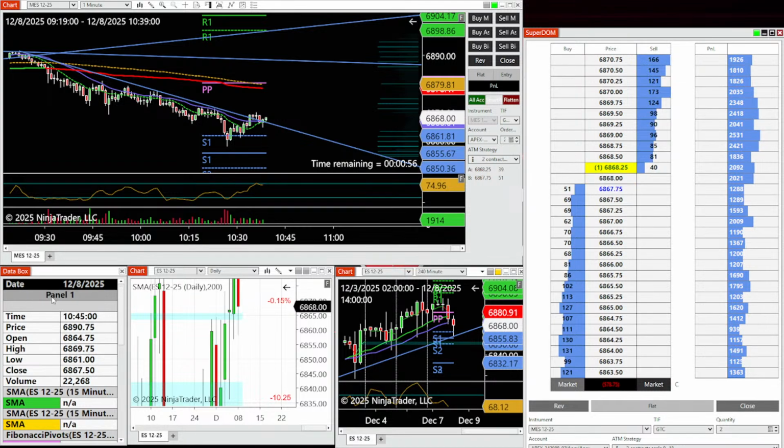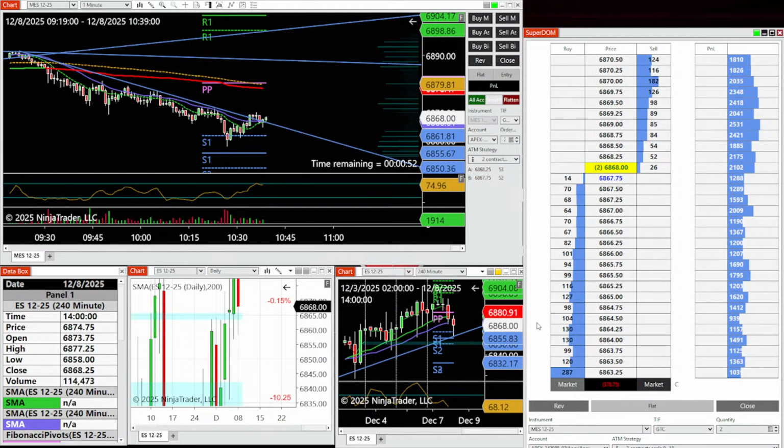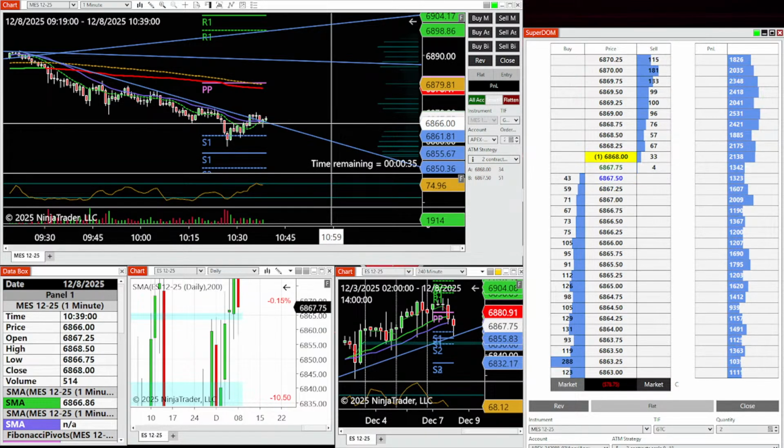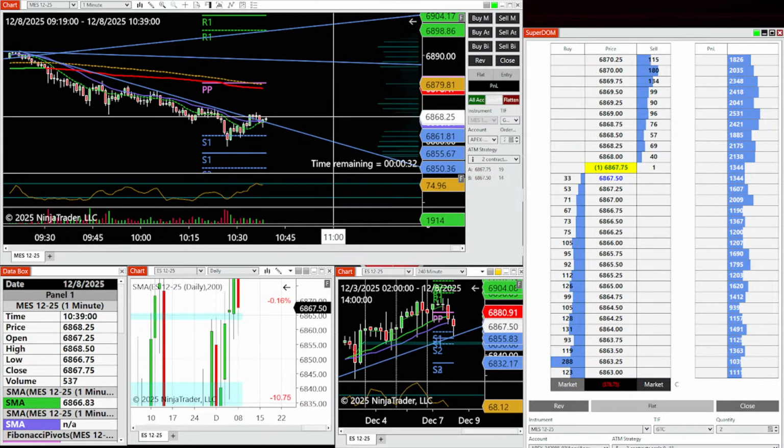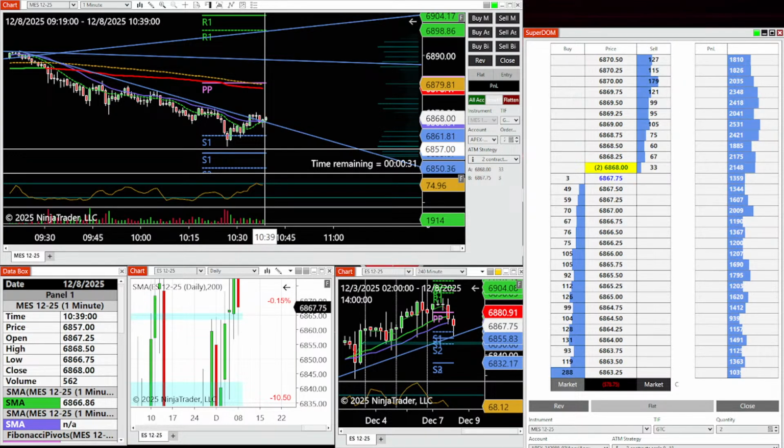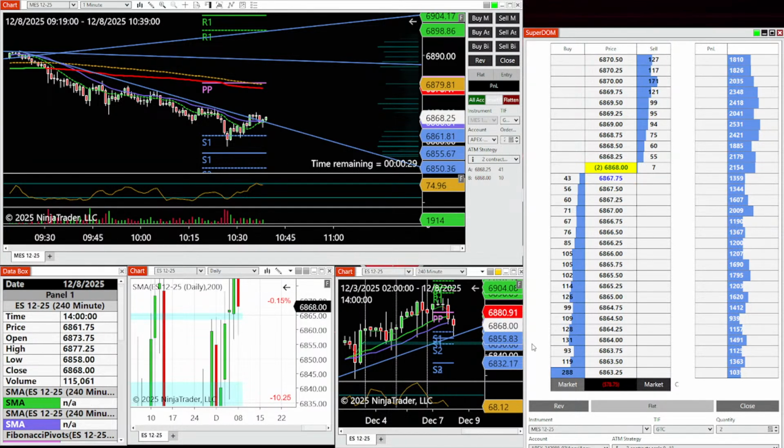There may be a squeeze coming somewhere. Trying to see if I can get in on a squeeze. Where we getting bought and sold in this area. Yeah, some rejection at 68.50.